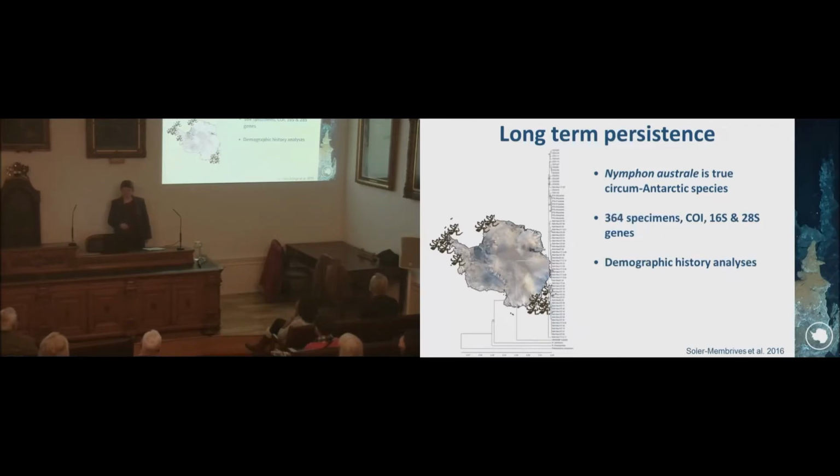So through Anna Soler-Membrives, we were able to extend the data set. We used 364 specimens, extended our genetic locus set, and did actually a demographic history. And what we also had this time was getting animals from all around the Antarctic.